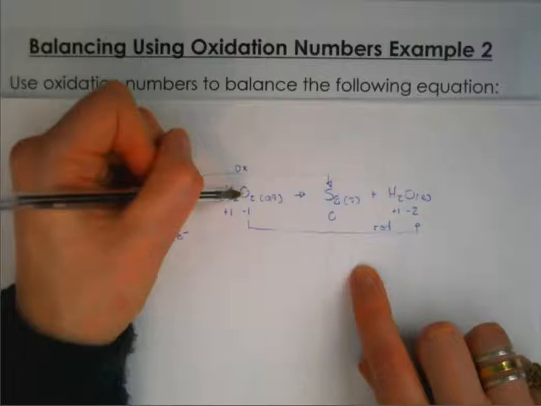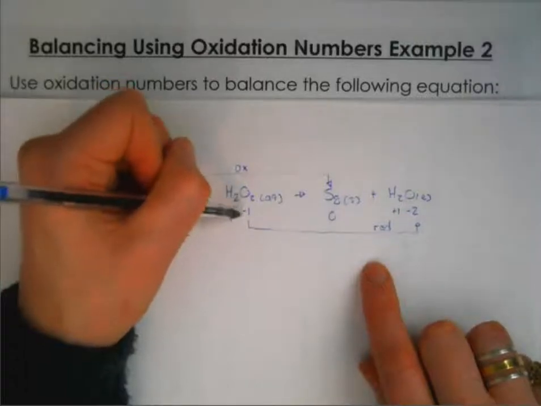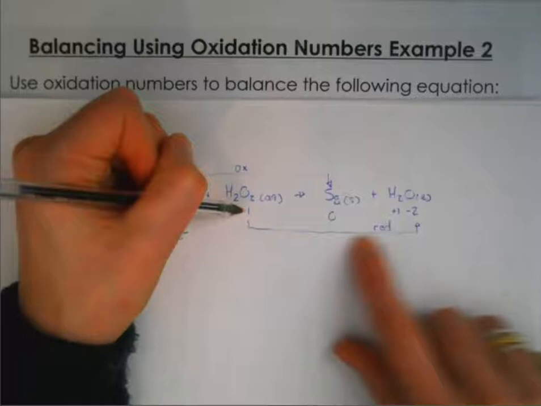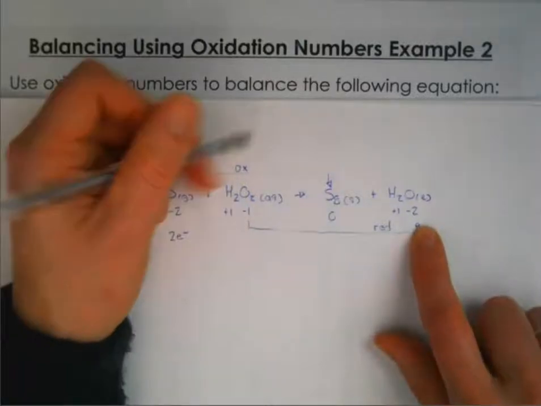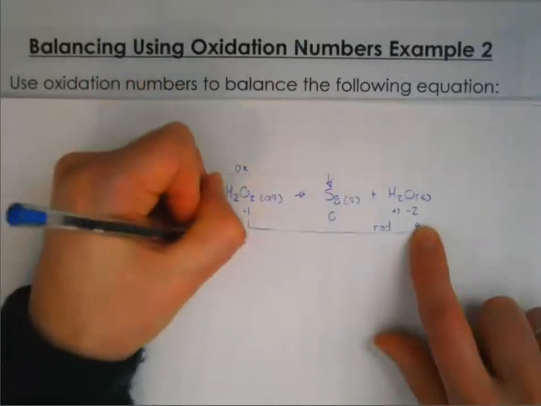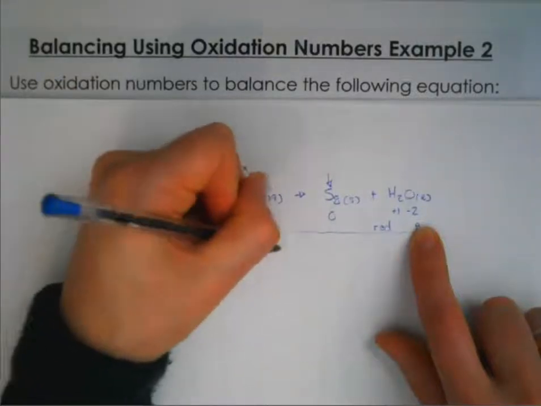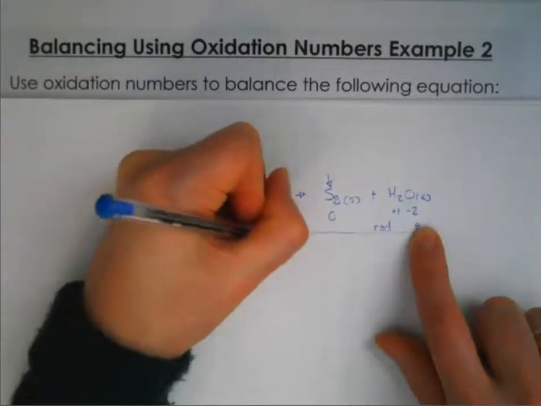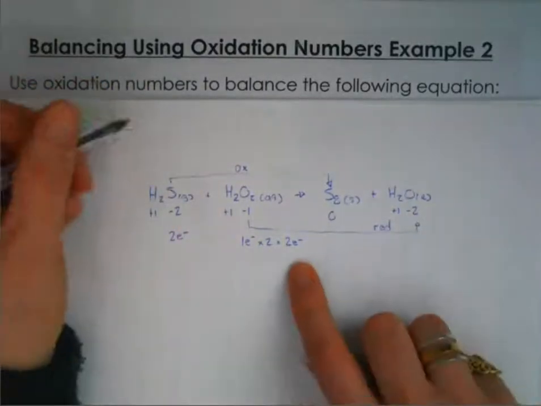For the hydrogen peroxide, we have -1 changing to -2, so that's a change of 1 electron, but there's 2 oxygens in this molecule. So 1 electron times 2, we have a total of 2 electrons transferred for the whole molecule for the reactant.